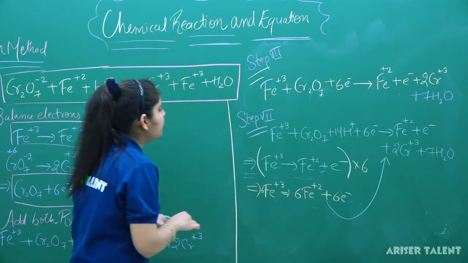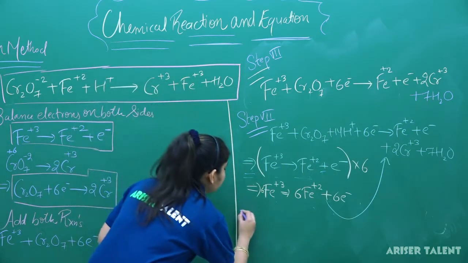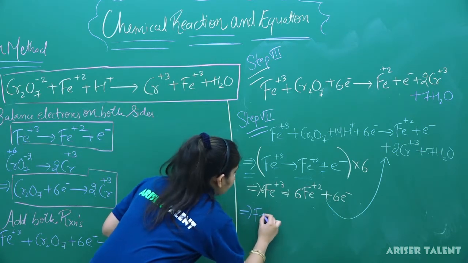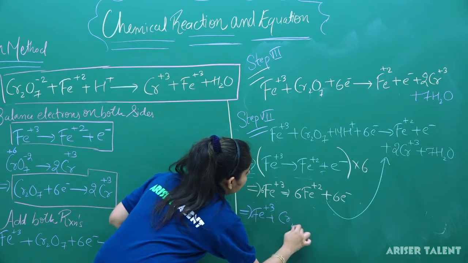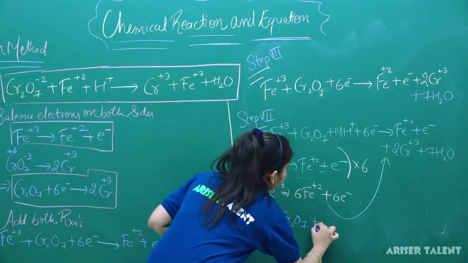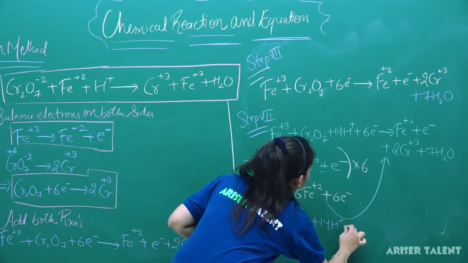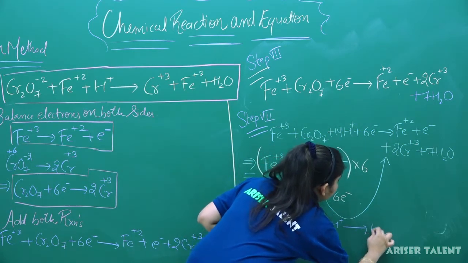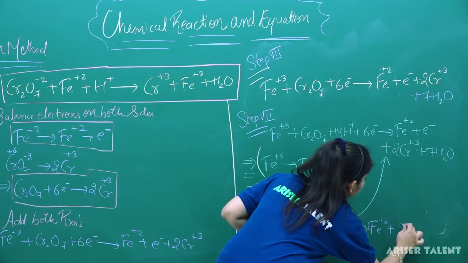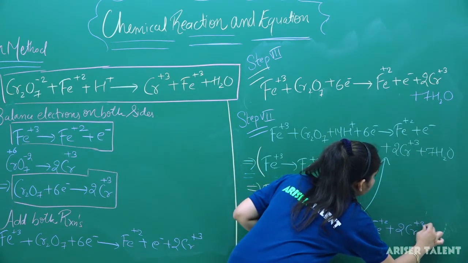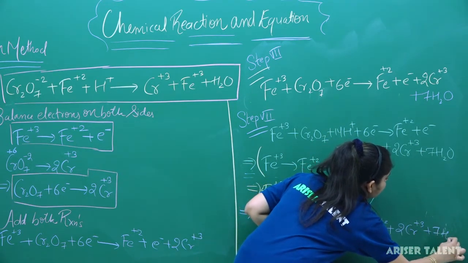So what we will get finally is 6 Fe+3 plus Cr2O7 plus 14H+ gives 6 Fe+2 plus 2 Cr+3 and 7 H2O.